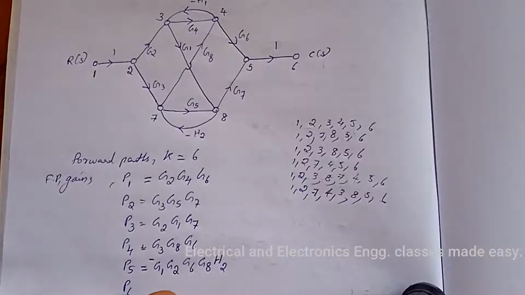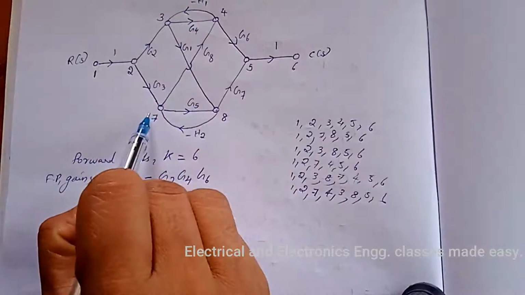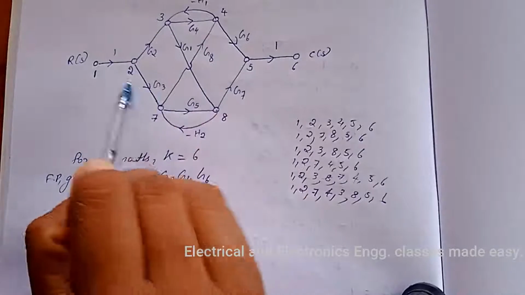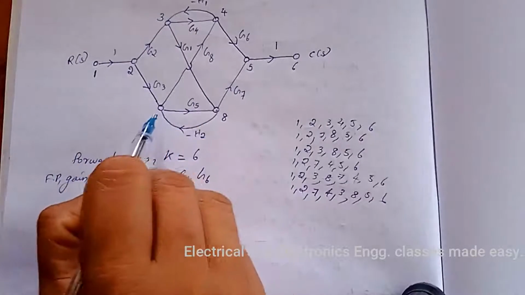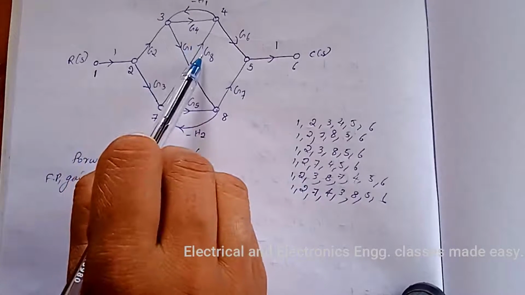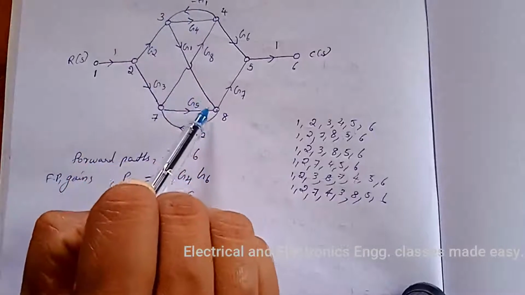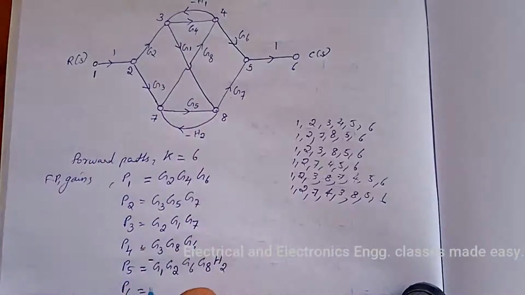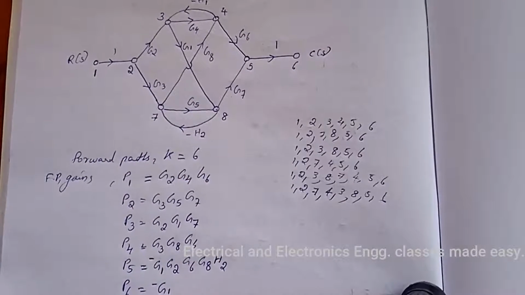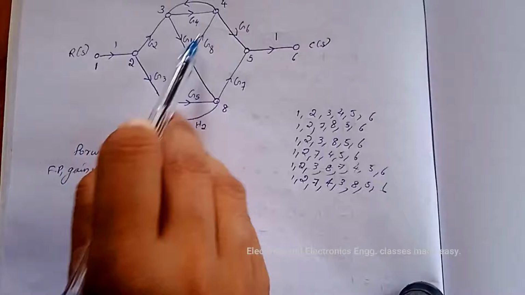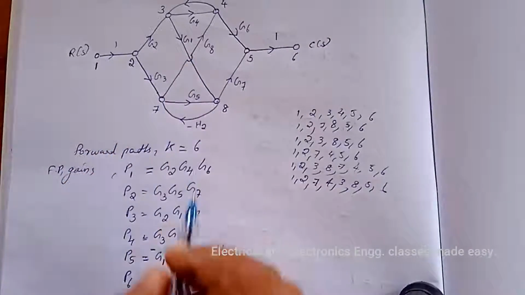Next is P6. So P6 is 1, 2, 7, 4, 3, 8, 5, 6. That is G3, then G8 minus H1, G1, G7. So G1 is there, minus G1. 1, 2, 7, 4.